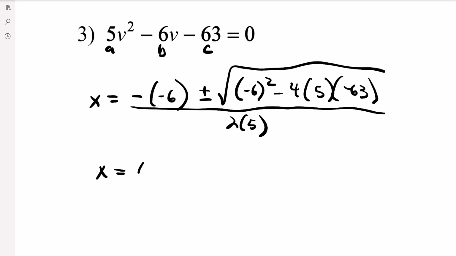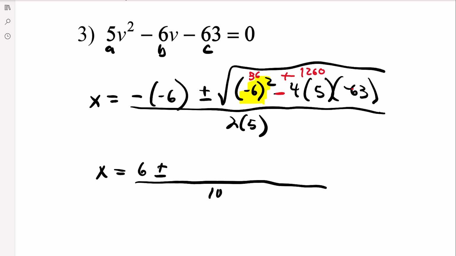The opposite of negative 6 is 6. And then inside here, that's going to be 36. And this negative times this negative will be a positive. So 4 times 5 is 20. 20 times 63 is 1260.